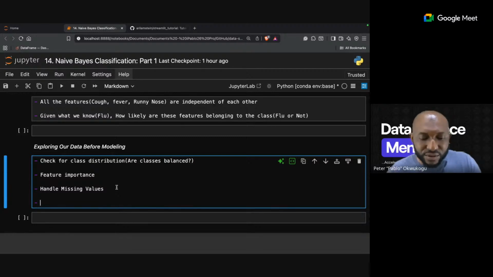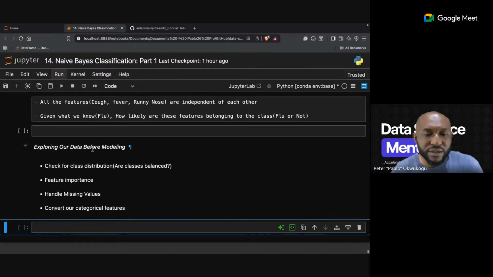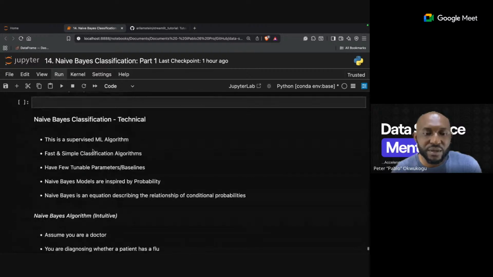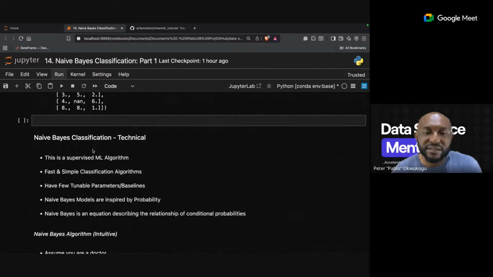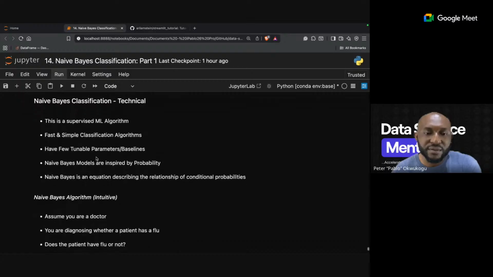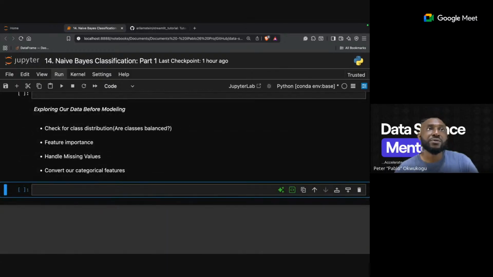That means we have to convert our categorical features, and when we say categorical features, we mean features that are not numbers. We have to do that. So these are the things you would typically want to do if we are starting out with naive Bayes classification, right? These are the things we are going to do.